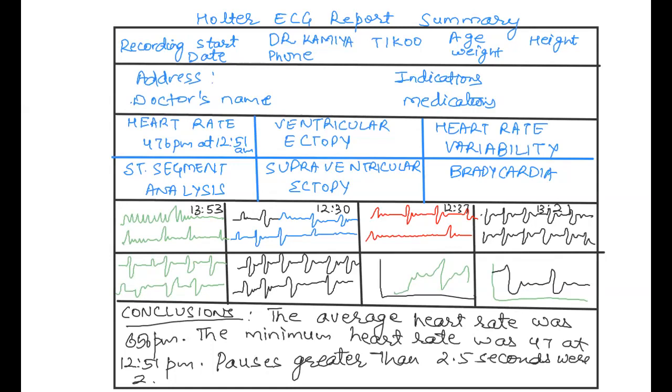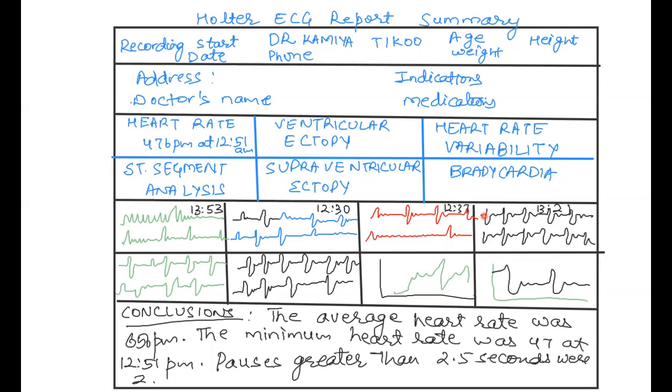Okay, and also we will analyze the graphs. For example, we'll say that the supraventricular events here were 0. The readings were highly touching 65 or something like that. So on the basis of this, now we can conclude that the data is summarized like this.